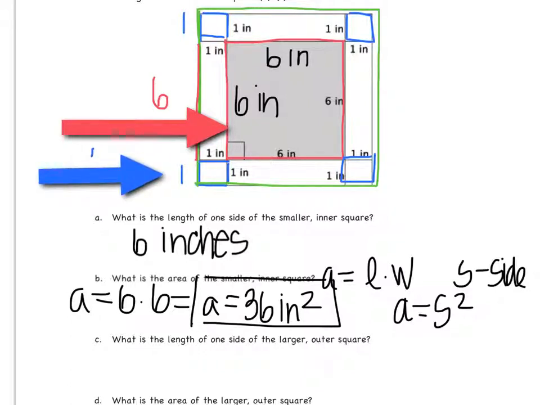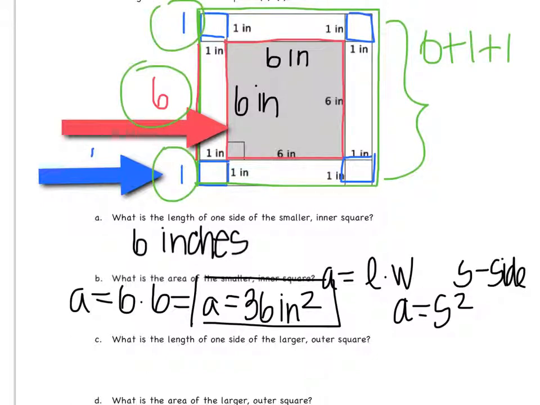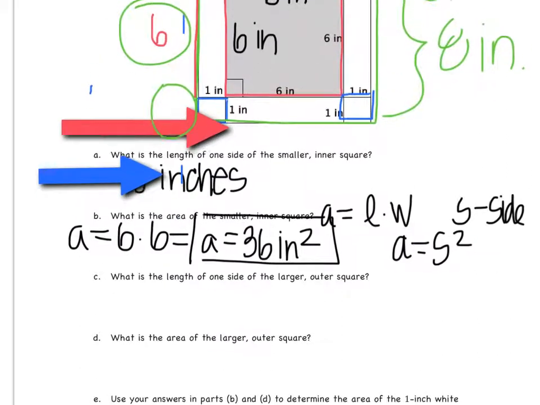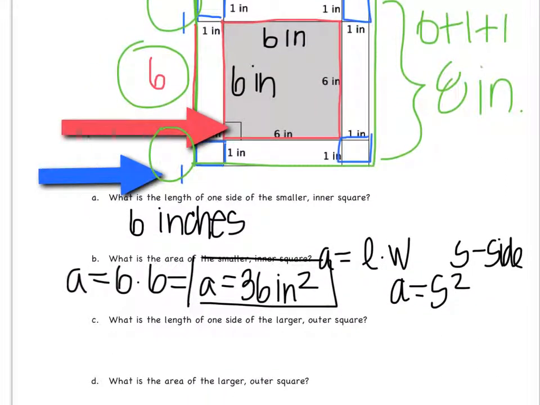So altogether, my outside side length is going to be 6 plus 1 plus 1. Again, I have this 6 and those extra 1 inches. So the length of my outer square is 8 inches.